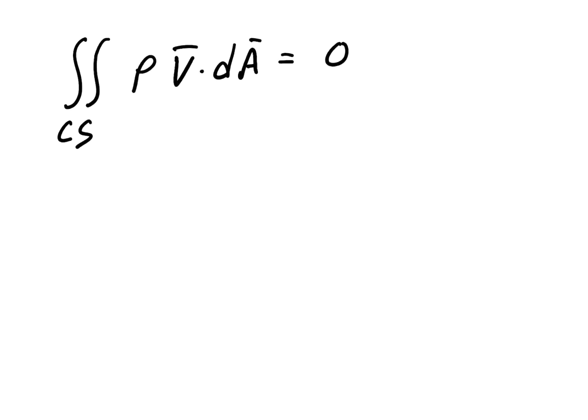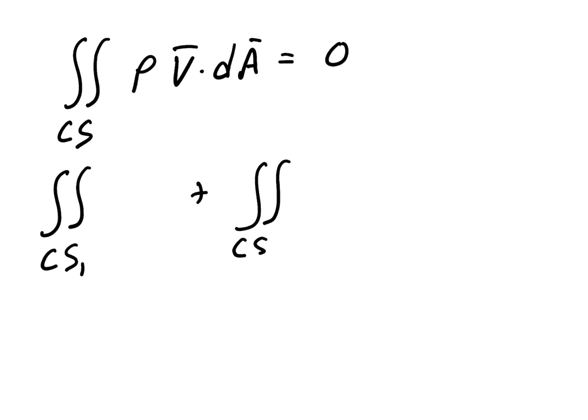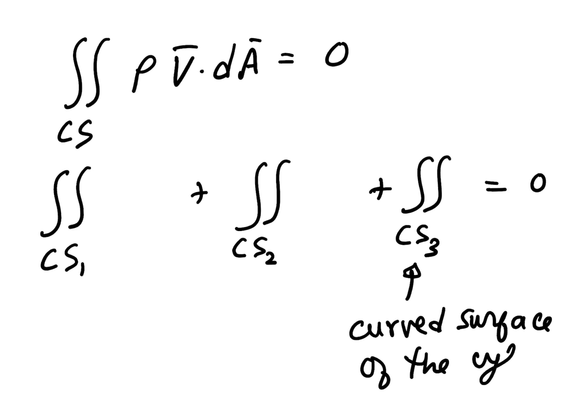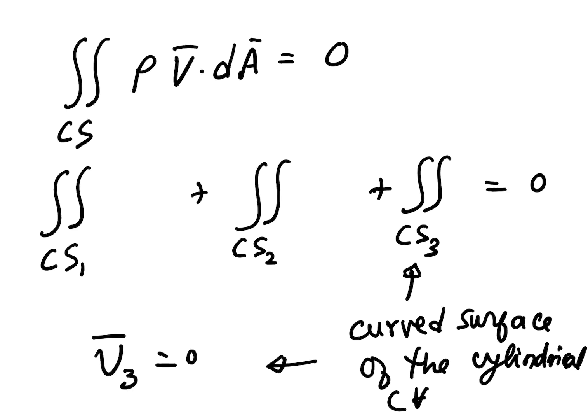Okay. Secondly, that leaves me with the integral of rho V dot dA equals 0, which I'm going to split as the integral over CS1 plus the integral over CS2 plus the integral over CS3 equals 0. Now, if I take CS3, this is the curved surface of the cylindrical control volume, and the velocity across that surface is obviously 0.